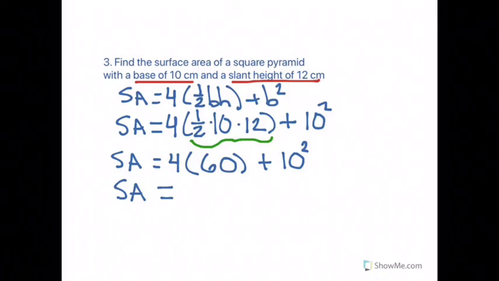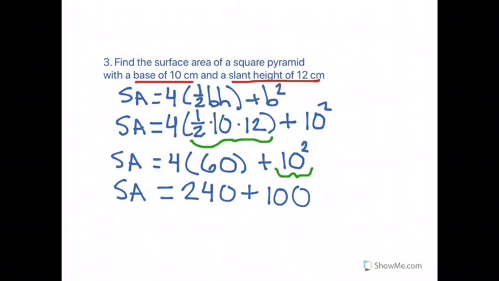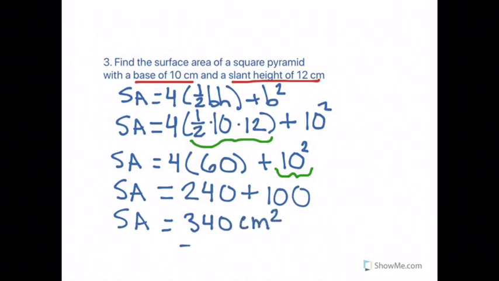Now let's go ahead and do this multiplication. 4 times 60 is 240. Plus, you can go ahead and do this 10 squared. 10 times 10 is 100. 240 plus 100 is 340. And now units are centimeters, and it's always squared because we're dealing with area.